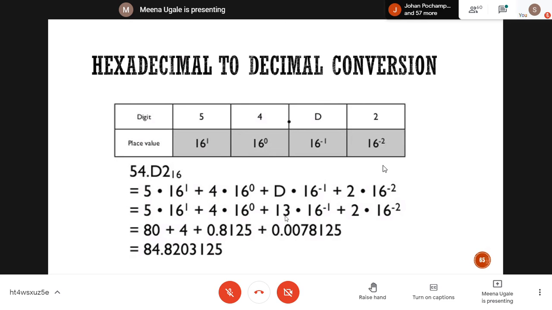D is representing number 13. So 13 multiplied by 16 raised to minus 1 plus 2 into 16 raised to minus 2. Whatever answer comes in decimal, you will get it like 84 point something, 8203. You will get the final answer.